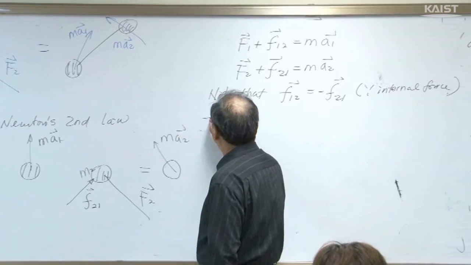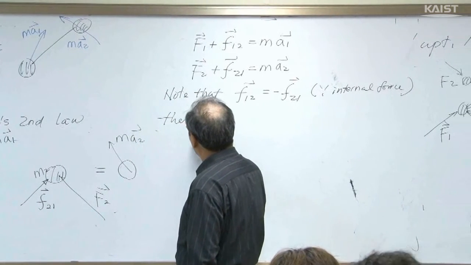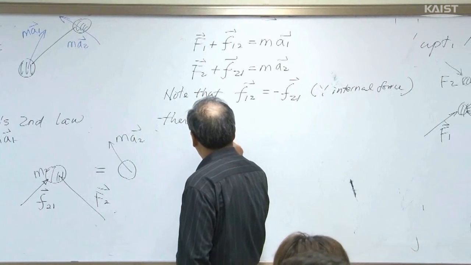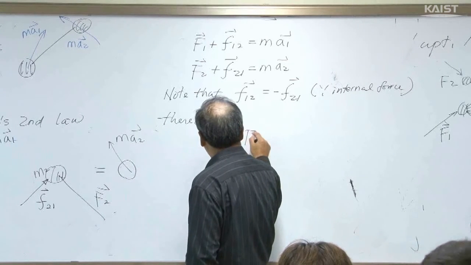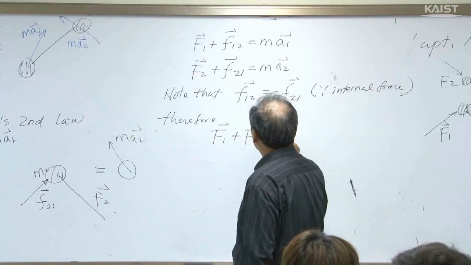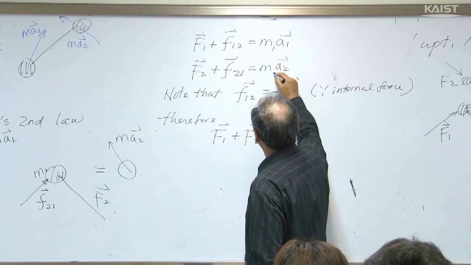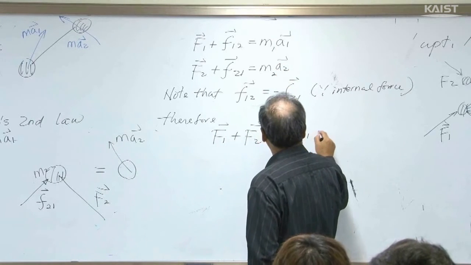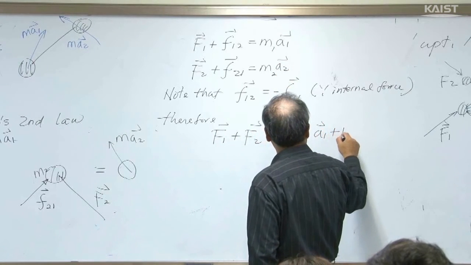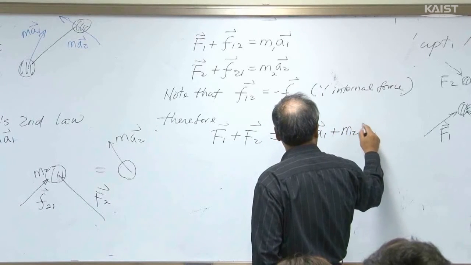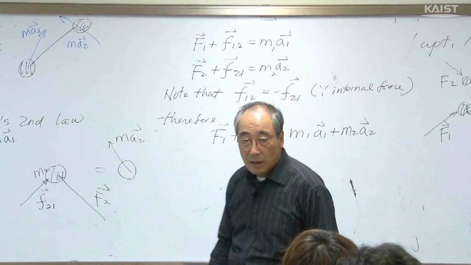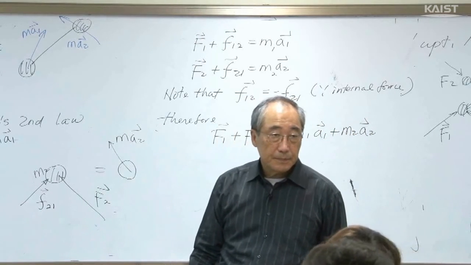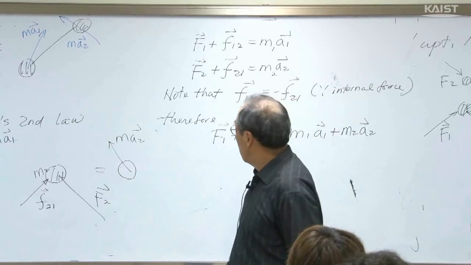Therefore, I can write F1 vector plus F2 vector is equal to m1 a1 vector plus m2 a2 vector. Okay, we do know what this is.